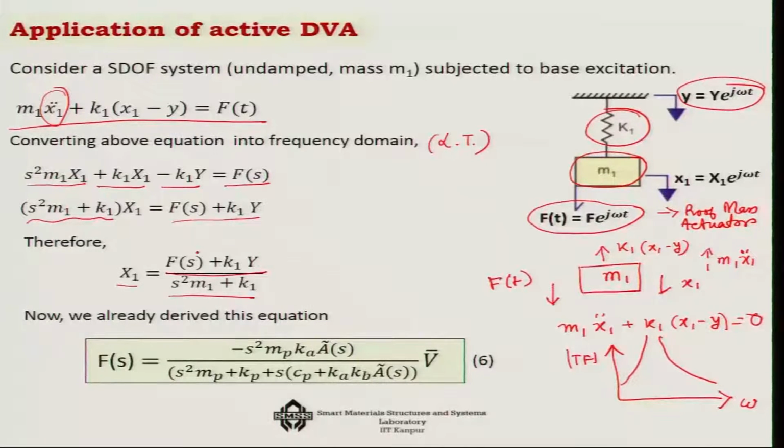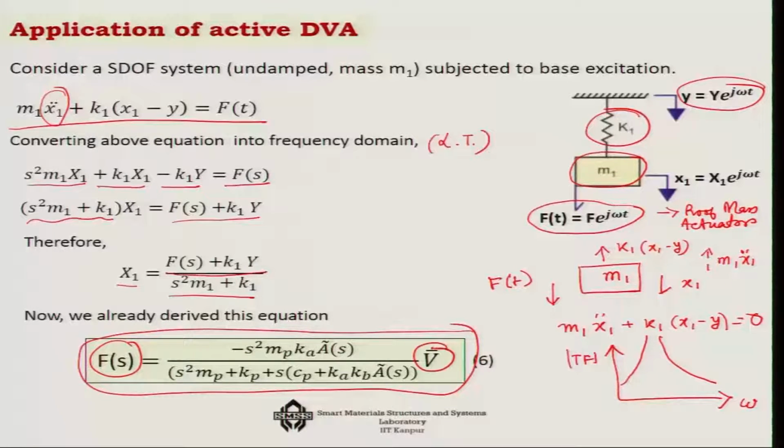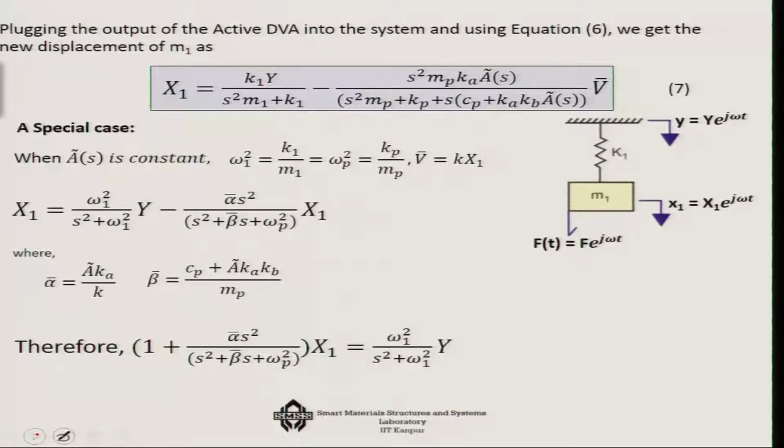But we have the F(s) with us. Already we know the relationship of F(s), which we have earlier seen, that there is a second order transfer function between F(s) and the applied voltage V bar. So, let us plug in this relationship here. So, let us put this F(s) into this relationship. What we are going to get now is x1 as a function of k1 y, that is the input, and the voltage that I am applying to the system.